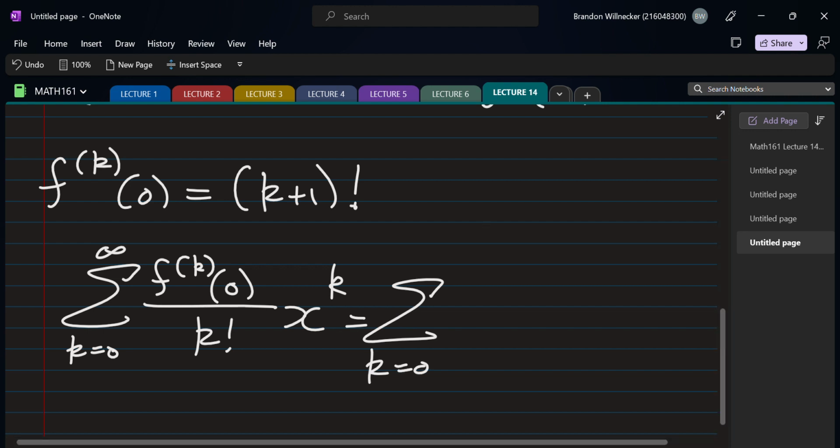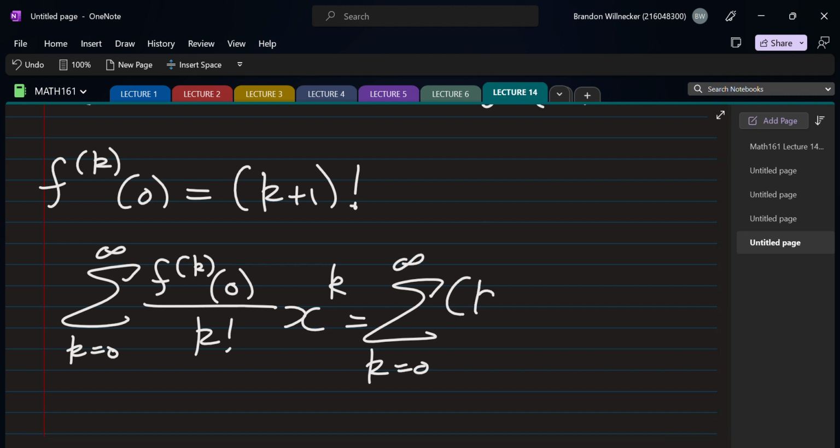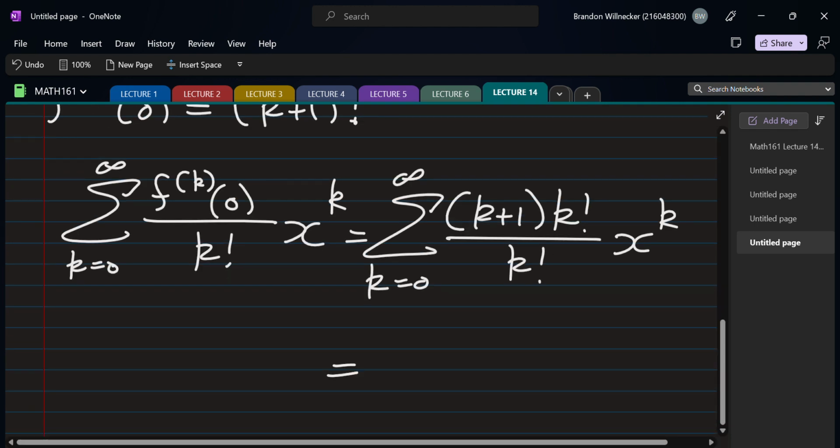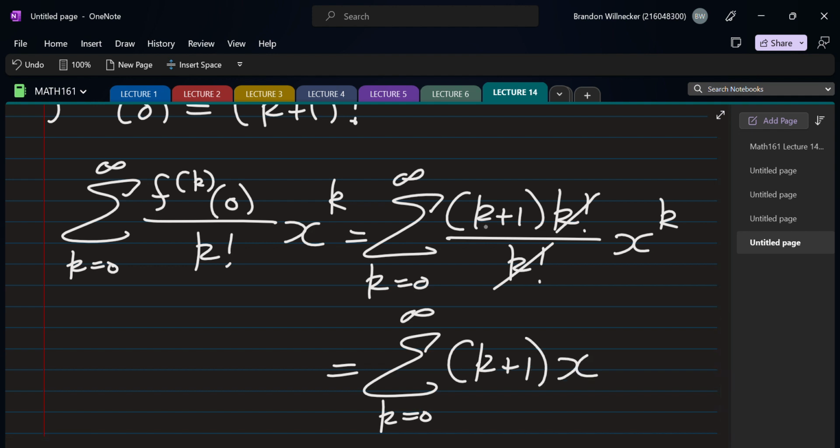So that will be the sum k equals 0 to infinity, k plus 1 factorial, which I'm going to write as k plus 1 times k factorial, over k factorial. So that cancels. Again, we still have that x to the k. So we get the sum from k equals 0 to infinity, k plus 1, x to the k.